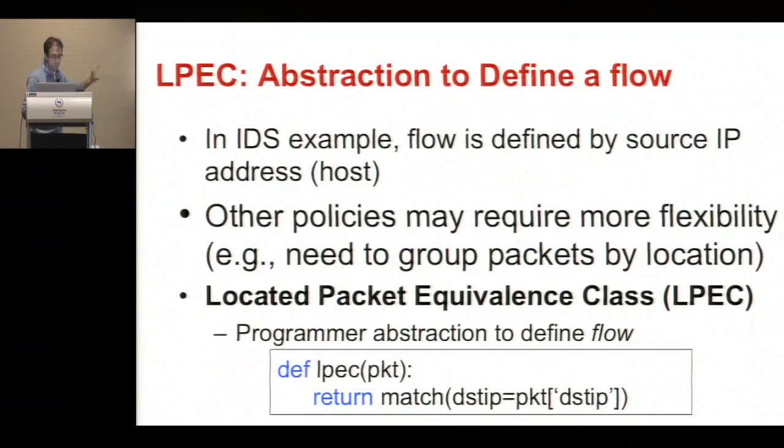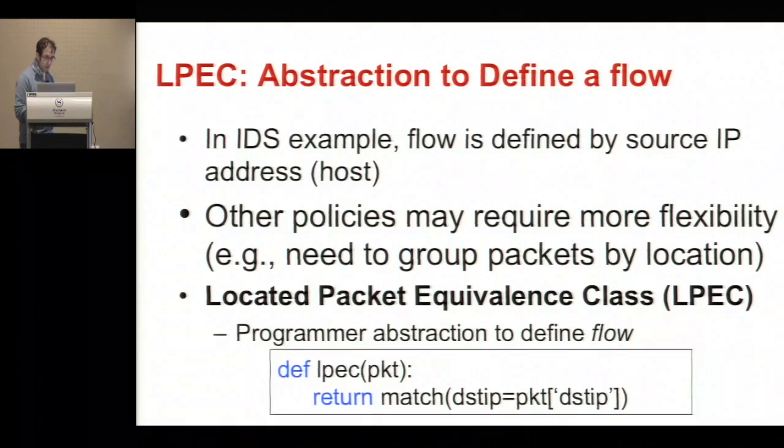The abstraction that we put into the language, which helps an operator define that this is a finite state machine and I want one instance of it for each host, or each equivalence class, is what we call a located packet equivalence class. I won't get into the details of the particular name, but the idea is what I just said.